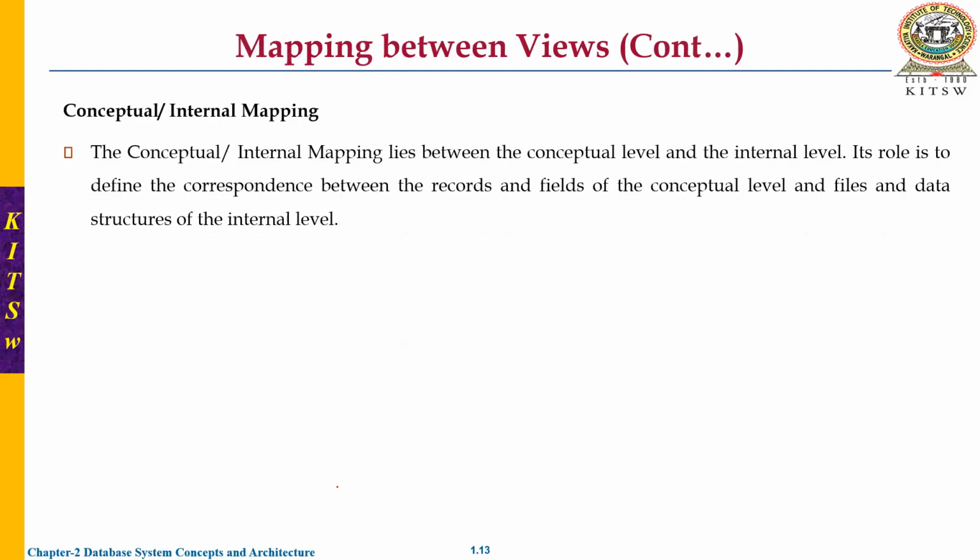Conceptual or internal mapping lies between the conceptual level and the internal level. Whatever happens between these two levels is the conceptual internal mapping. Its role is to define the correspondence between the records and fields of the conceptual level and the files and data structures of the internal level.